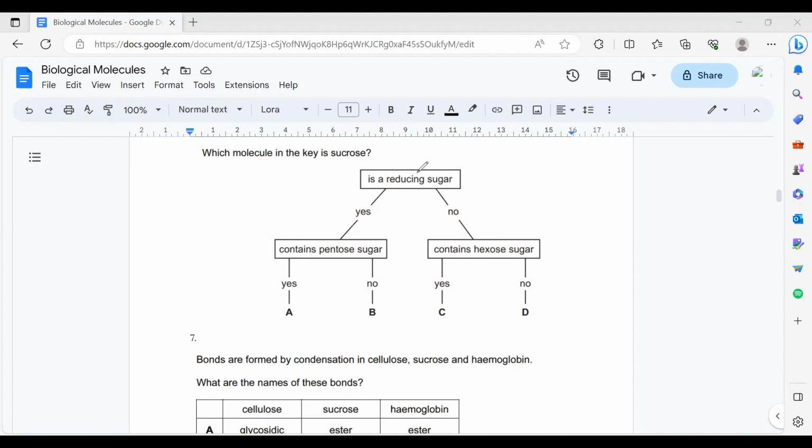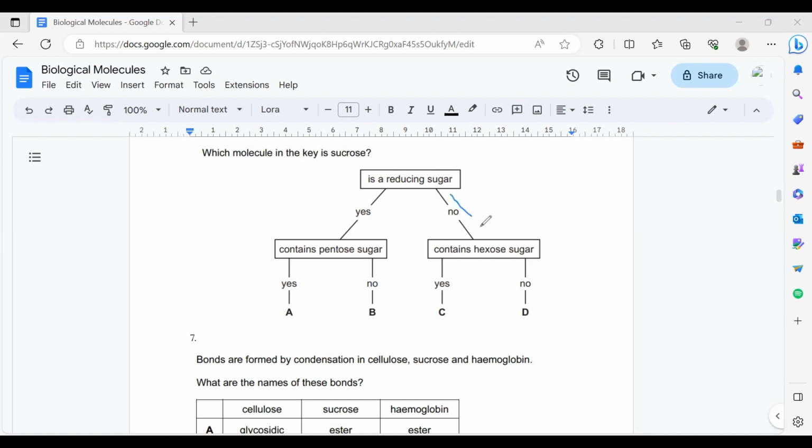All of them are reducing sugars, and those sugars are involved in forming disaccharides like maltose, lactose, and sucrose. Among these disaccharides, maltose and lactose are reducing sugars, but sucrose is the disaccharide that you have to study that is not a reducing sugar.